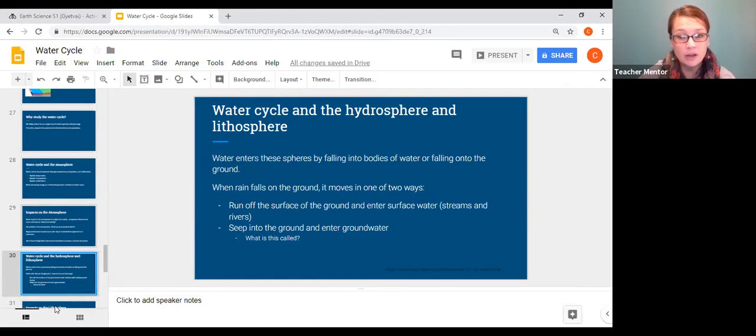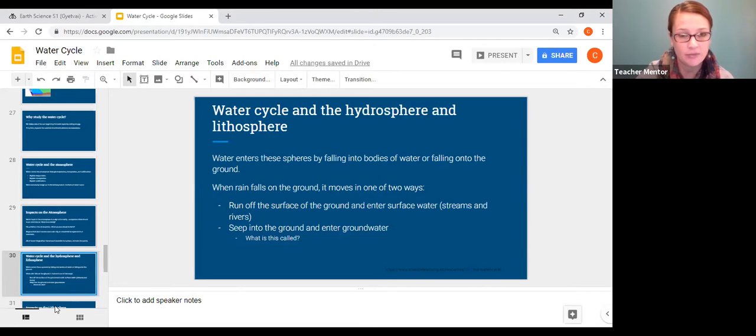Not quite runoff, but close. Infiltration. Infiltration, exactly. You can kind of think of a military image where the soldiers are breaking through. So seeping into the ground, breaking through, entering the groundwater is definitely infiltration.